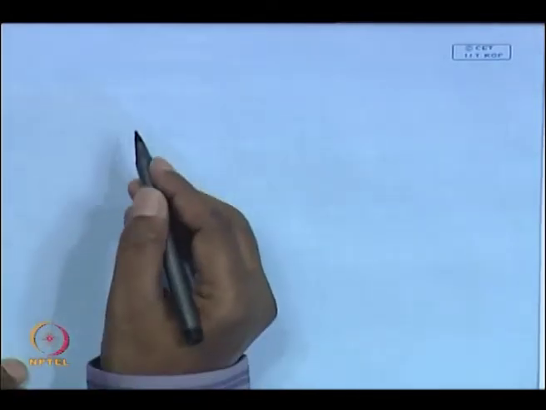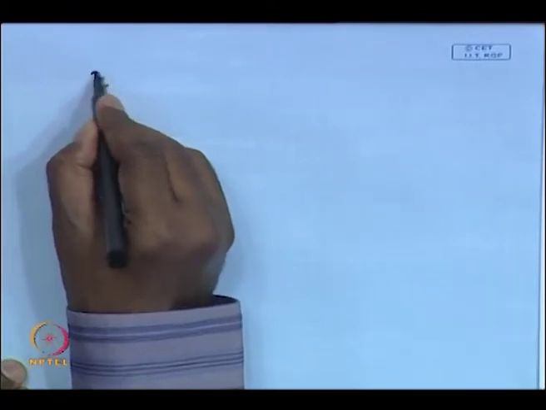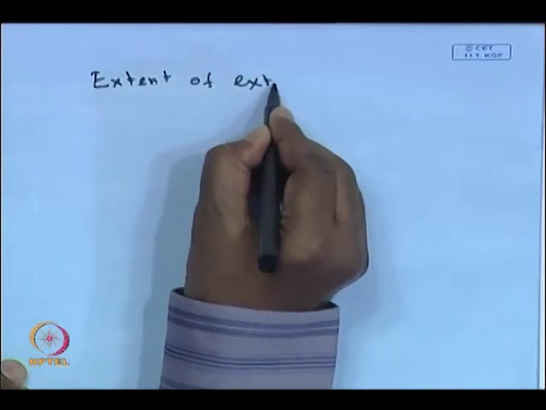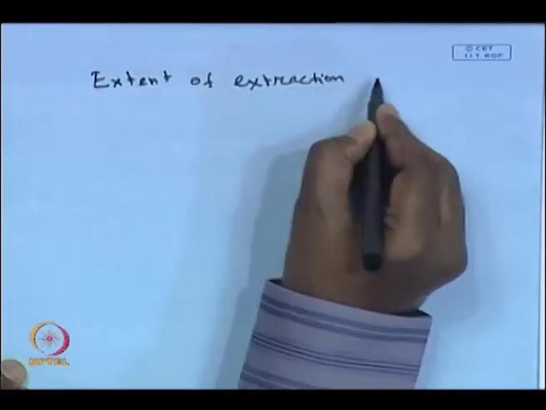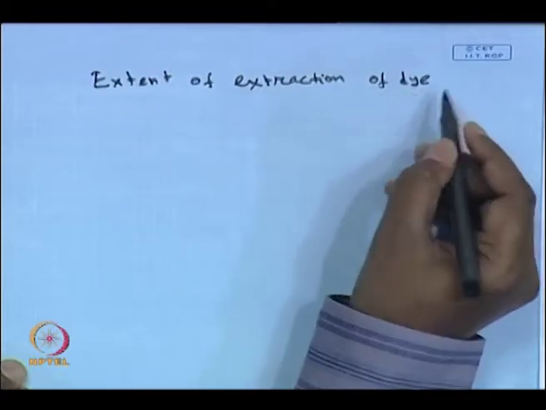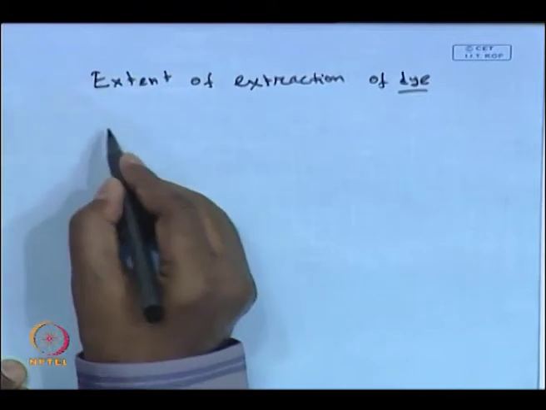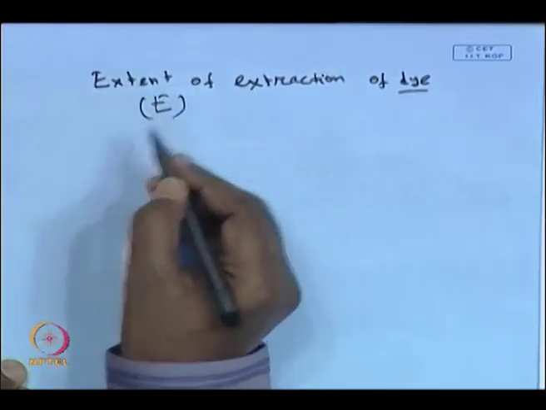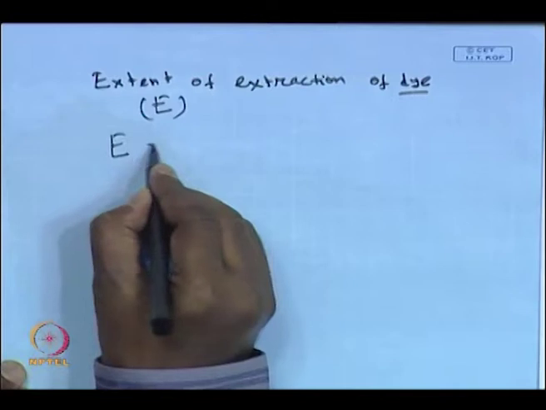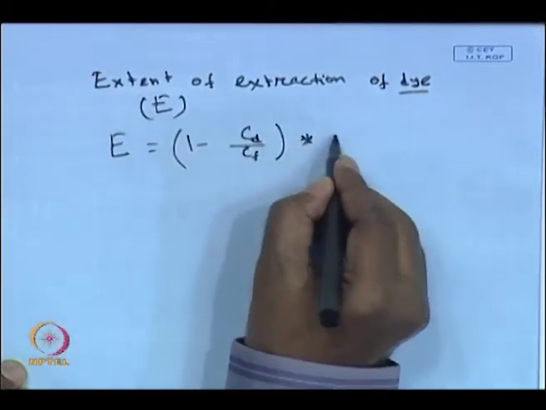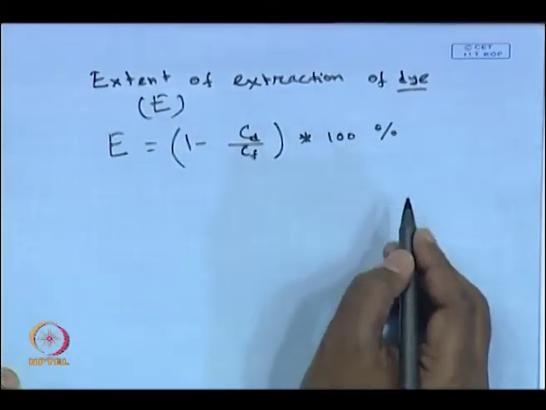Now, we can define the extraction of dye. The separation must be quantified. How much separation has been achieved must be quantified, so it is known as the extent of extraction. For this particular case it is dye, but it may be any other solute. This extent of extraction is defined by the symbol E, and it is defined as 1 minus CD by Cf multiplied by 100%, so it is expressed in percentage.